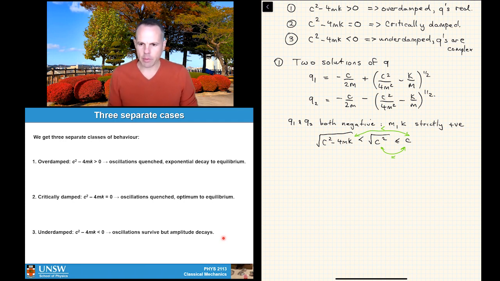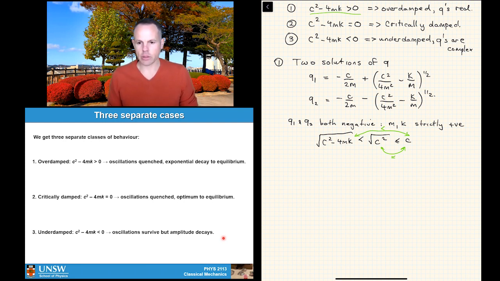And that basically comes about because if I take C squared, C is also a positive number. Well, even if it's a negative number, when you take the square, it's a positive number. If you subtract 4mk, m's positive, k's positive, so you're taking a positive number and subtracting a positive number. That will give you something that's, in this case, strictly real, because up above we're dealing specifically with the overdamped system where we know that that term is greater than 0.